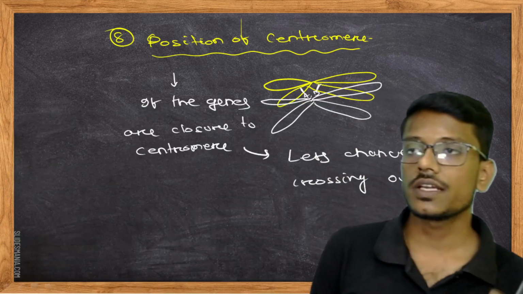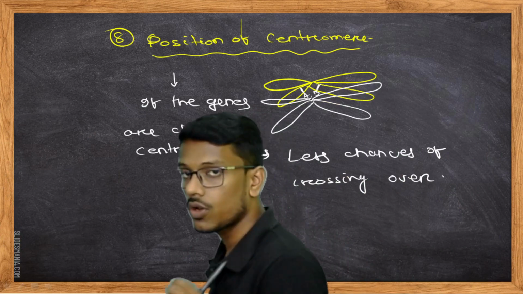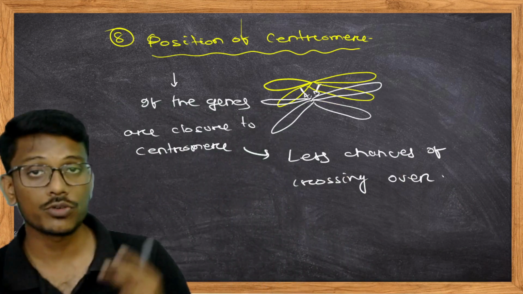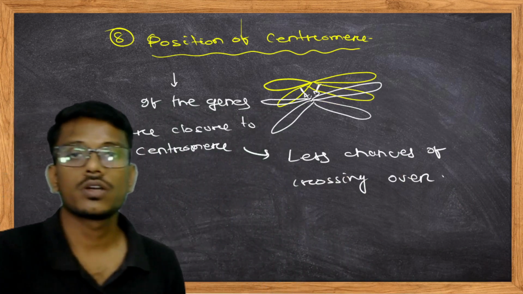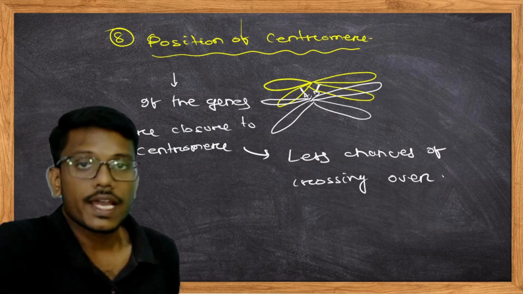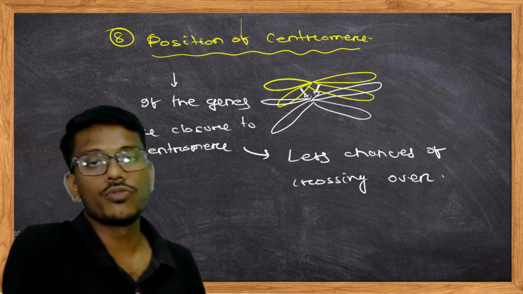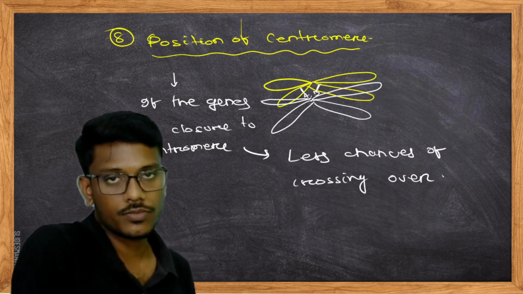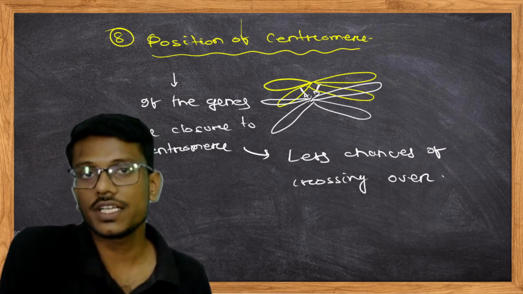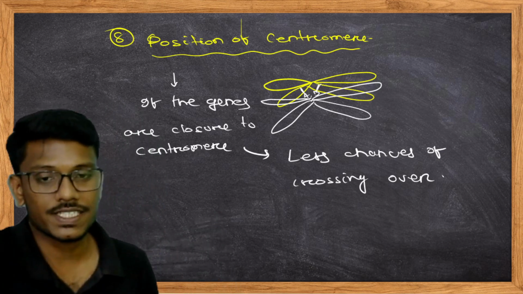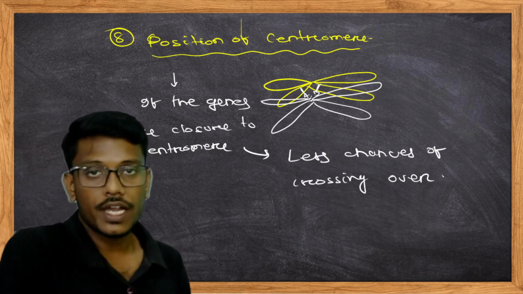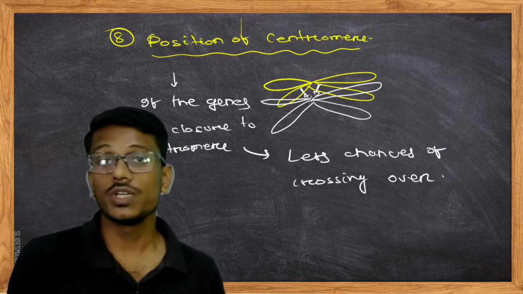Okay, generally crossing over occurs between the homologous chromosomes, between the non-sister chromatids of the homologous chromosomes. And at what time does the crossing over occur? When the individual is going to produce the gametes, at that time crossing over occurs. And during gamete formation, which cell division occurs?